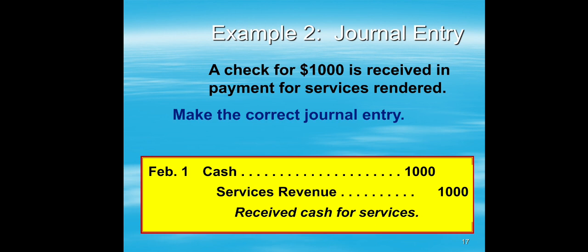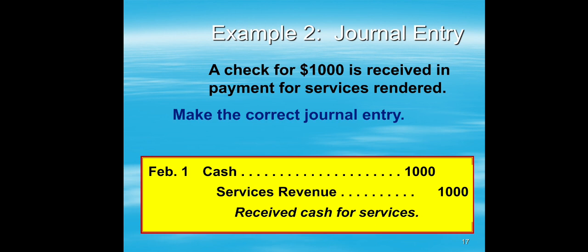The owner's equity account that is affected is revenue. When the business provides services to a customer, the revenue will increase. So the first effect is asset cash increases $1,000. The second effect is under owner's equity, the account revenue increases by $1,000.